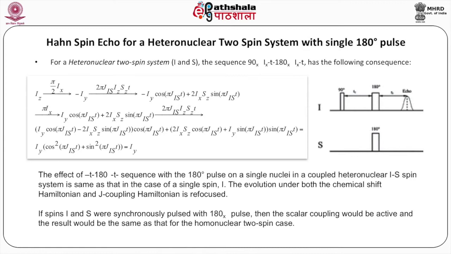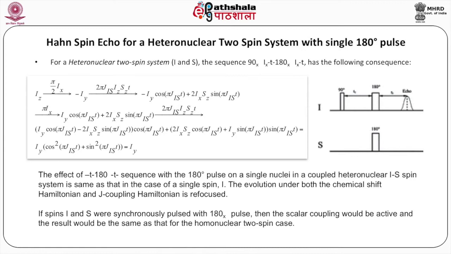Now, if there is a 180-degree pulse which is concomitantly applied on the S spin right when the 180-degree pulse is applied on the I spin, then you just get the same result as the homonuclear 2-spin system.